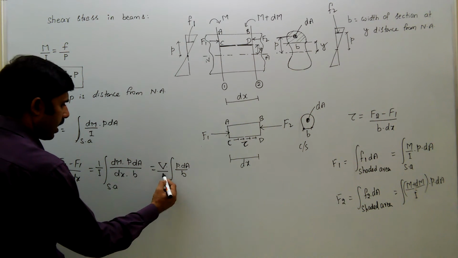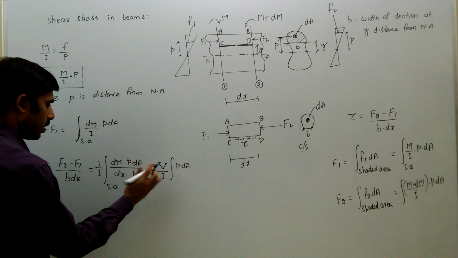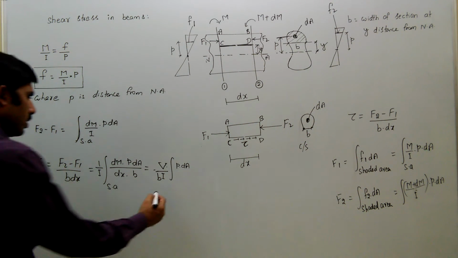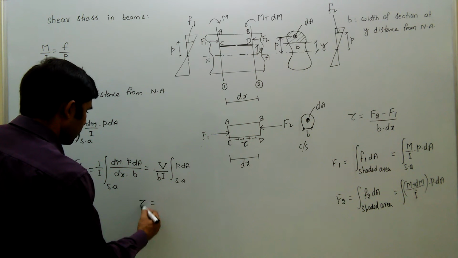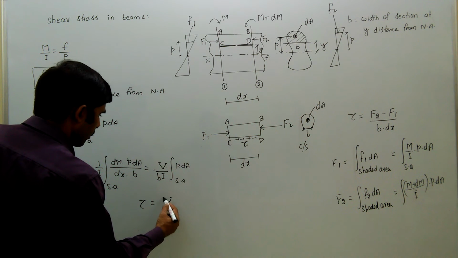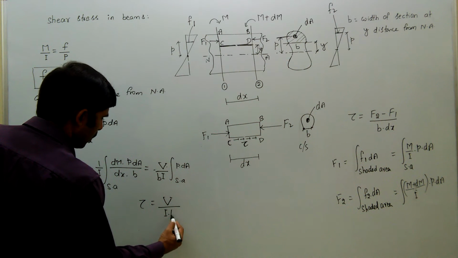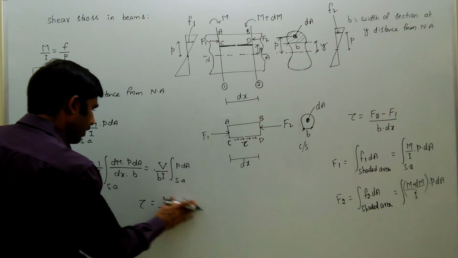So V by I b, equal to V by I b into integral p dA over the shaded area. So shear stress equals shear force V at that location divided by moment of inertia into width, into Q: VQ by Ib.